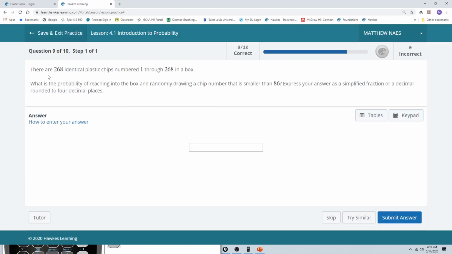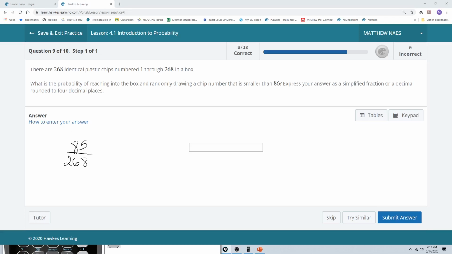Almost done. There are 268 identical plastic chips numbered 1 through 268. So how many different outcomes are there? Hopefully you said 268 outcomes. What's the probability of reaching into a box and randomly drawing a chip number that is smaller than 86? So how many numbers are smaller than 86? Well, there's 85 smaller than 86.